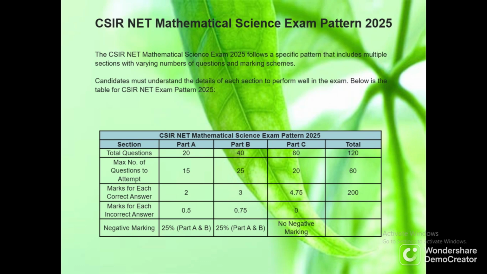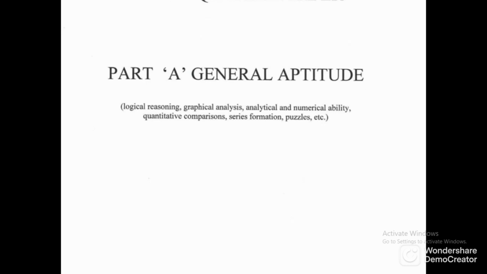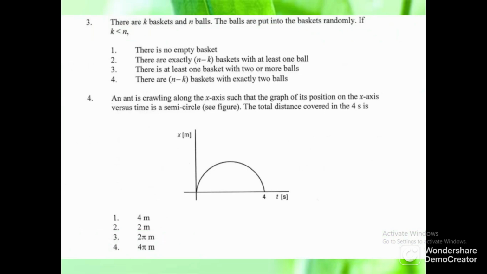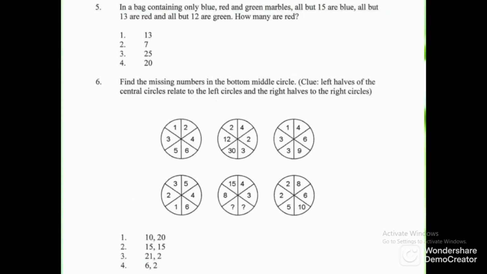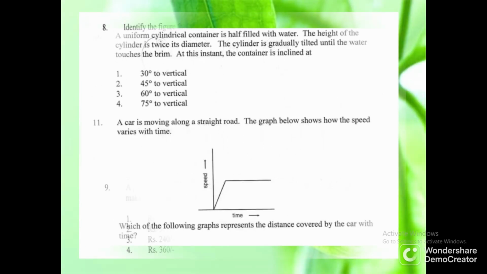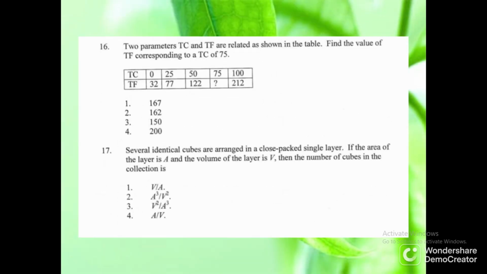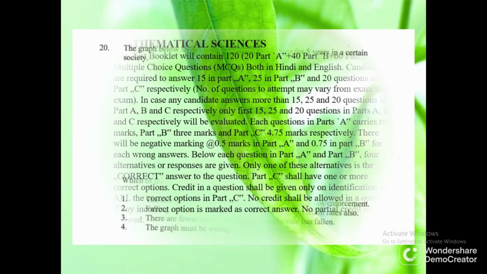I have already discussed this, so now I give some examples for part A, which types of questions are there: basic science, computer science, logic, and class 10 and 12 standard questions. There are geometry questions, number theory, and many reasoning type questions, also some graphical ones, trigonometry and geometry portions, and an arithmetic portion. So this is the general part.